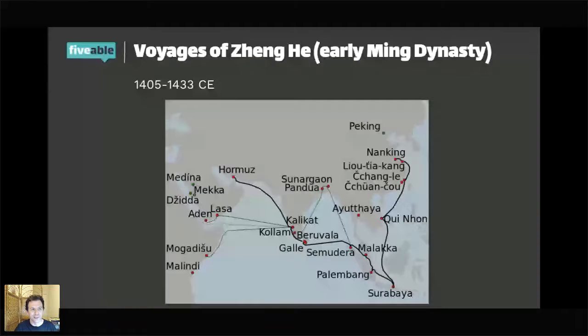I thought you'd enjoy it too: once the emperor backing him dies, the next emperor of the Ming Dynasty steps in and says, hey, we have the Silk Road. We don't need this naval expedition power anymore. And this fleet was mothballed and scrapped.